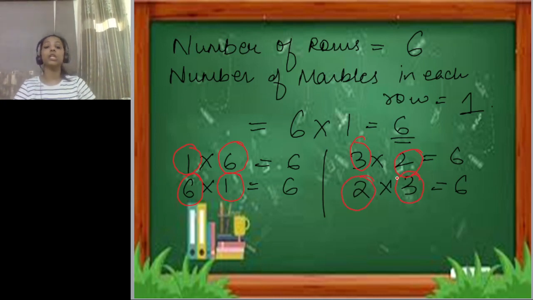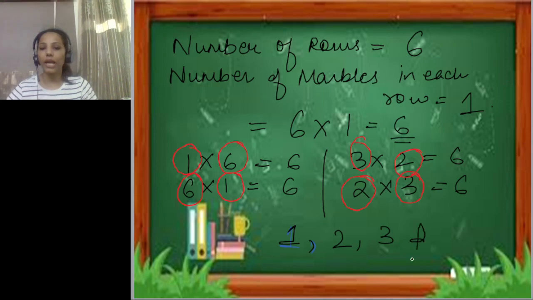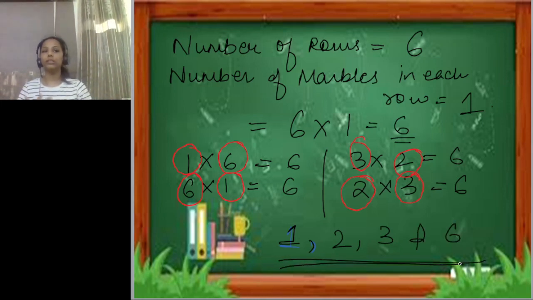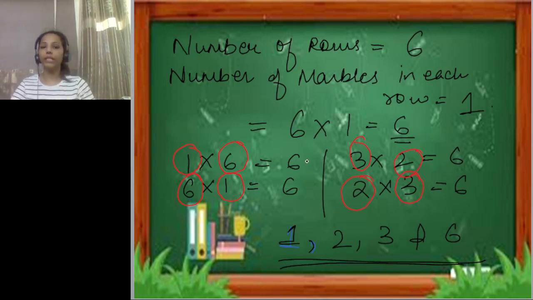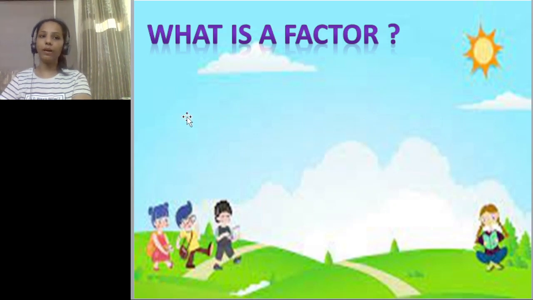Right, students? So we say that these numbers 1, 2, 3 and 6 are the factors of 6. The numbers which completely divide the given number are called the factors of that number.